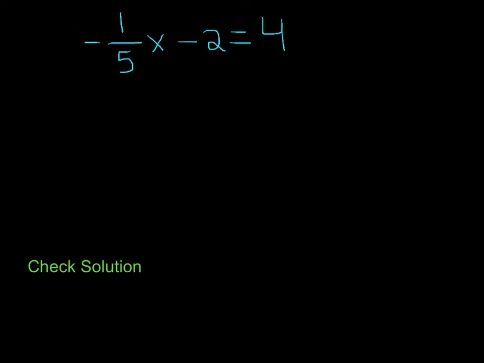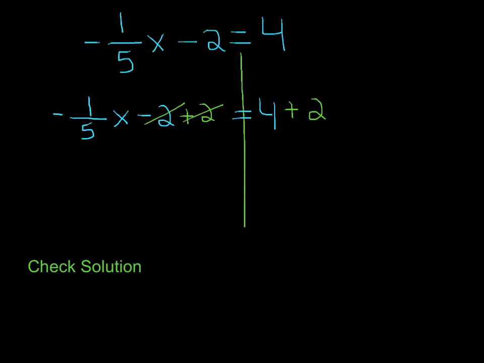Negative 1/5 x minus 2 equals 4. Let's start this by doing the opposite of the subtraction of 2. We have to add 2 to both sides. So our 2's cancel out on the left. 4 plus 2 is 6, and then I have the negative 1/5 x on the left side.